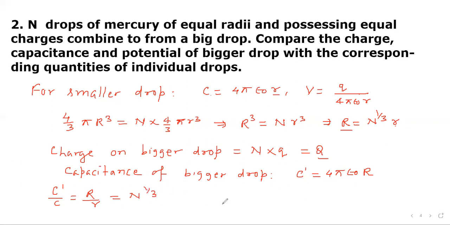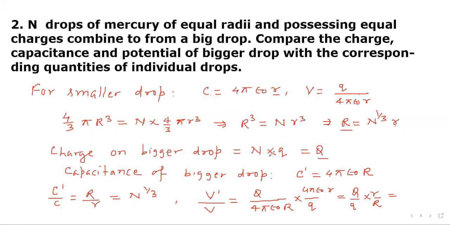But now let's compare the potentials. So let V dash be the potential of bigger drop and V be the potential of smaller drop. So V dash from this formula will be capital Q divided by 4 pi epsilon naught capital R, over small q divided by 4 pi epsilon naught small r. So here we get capital Q upon small q times small r divided by capital R. Now we put the values.